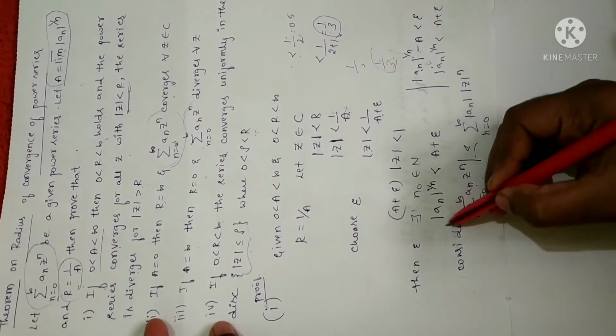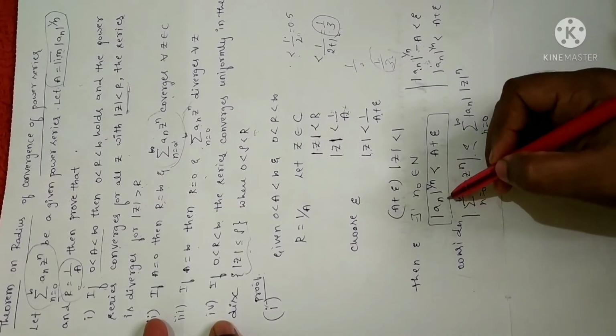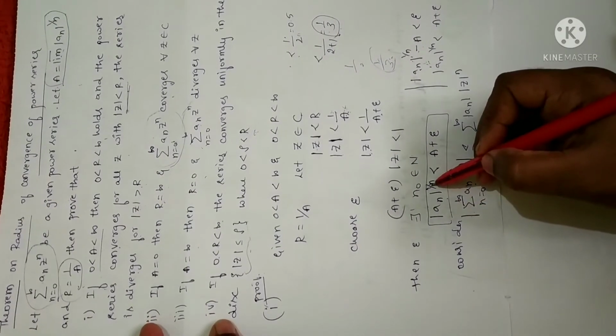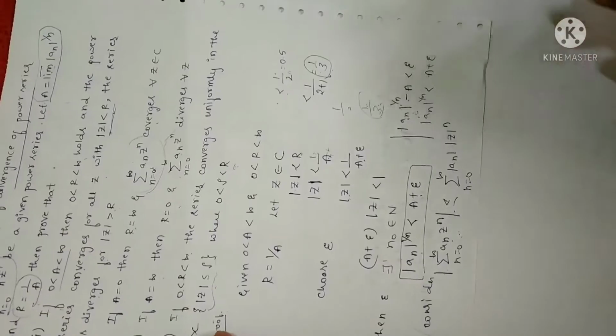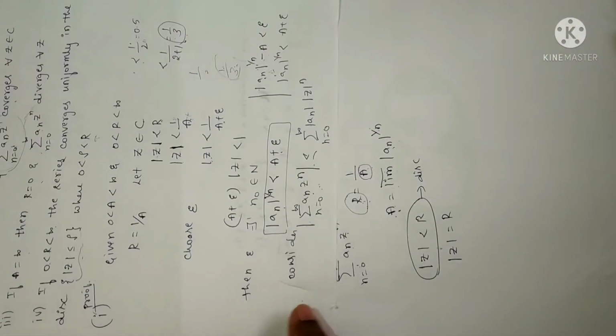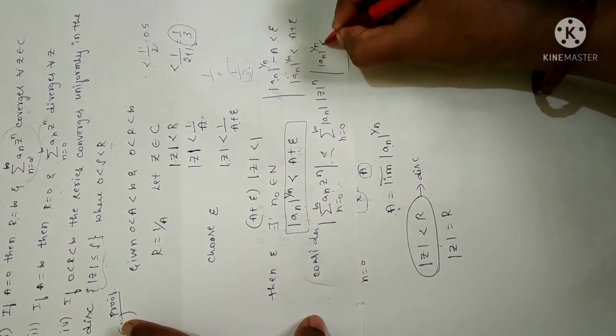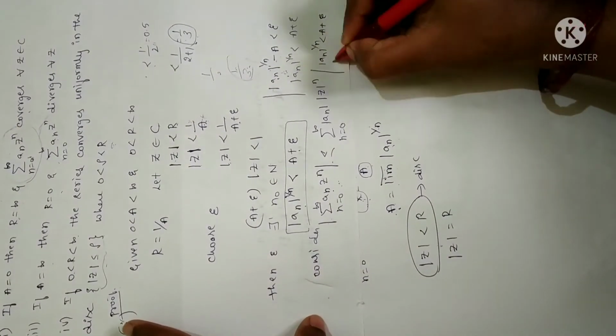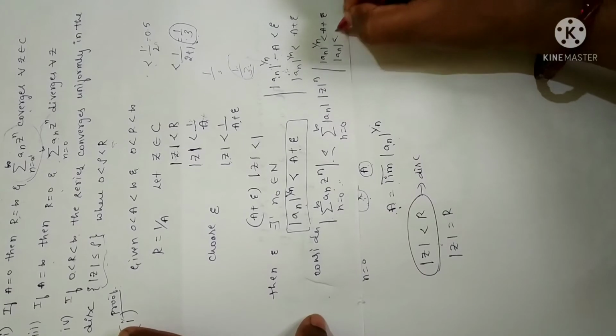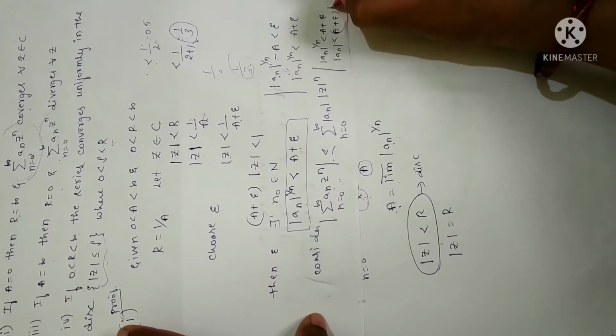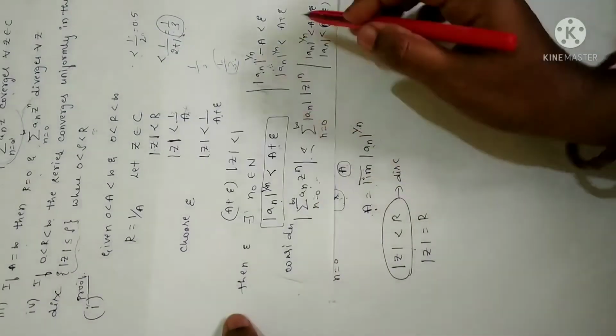Now what I have assumed is an. See here, as an power of 1 by n is less than a plus epsilon, if you want I'll just show you here. I have an power of 1 by n less than a plus epsilon, right? So raising power n on both sides, I can write mod an as less than a plus epsilon power of n. With this I can write the above statement.